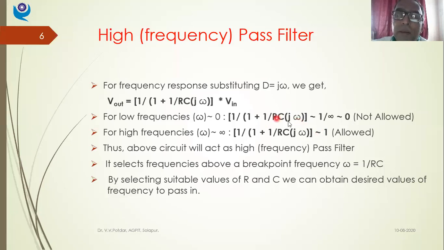Product of RC with 0 is 0. So 1 upon 0 is infinity. So infinity plus 1 is infinity only. So I have 1 upon infinity, which is equal to 0.